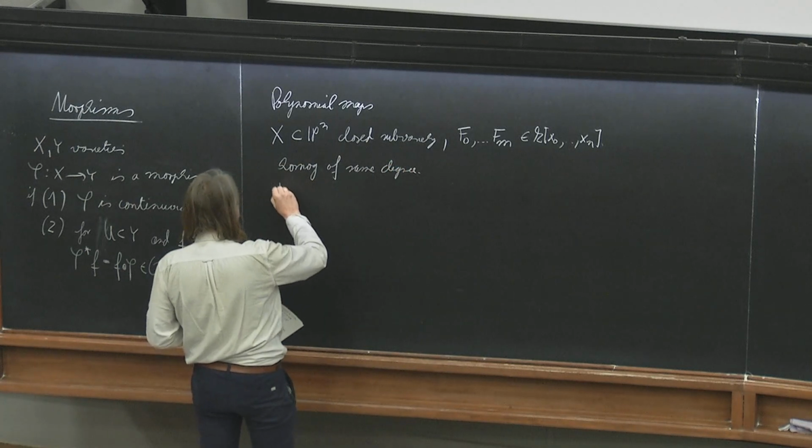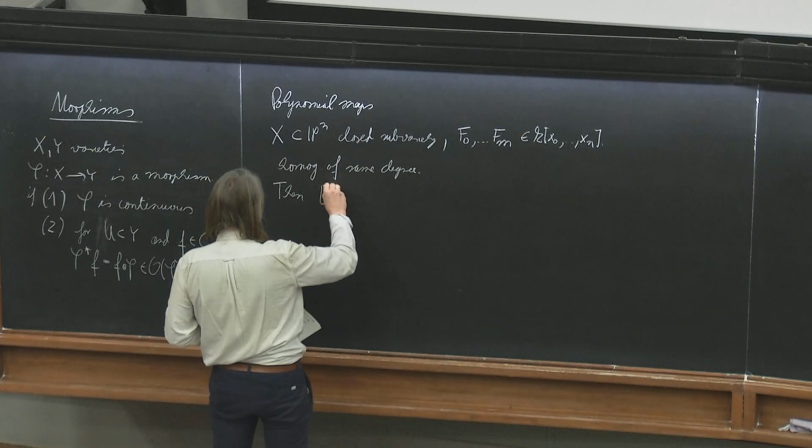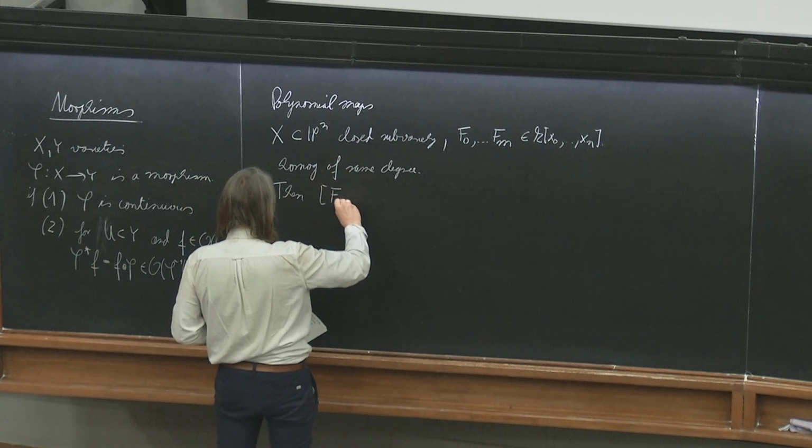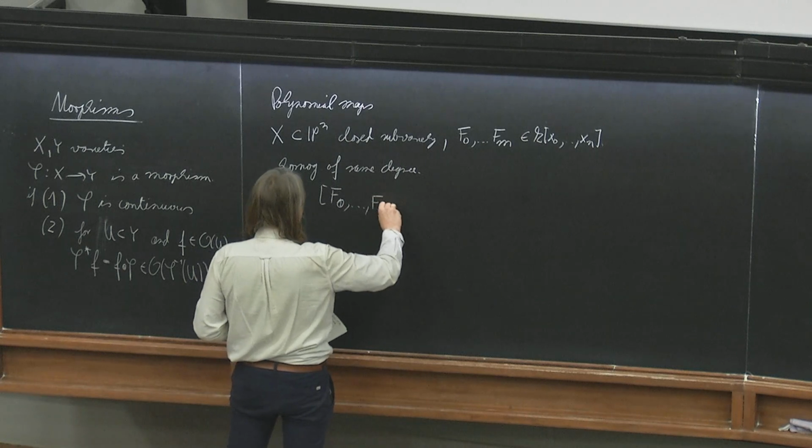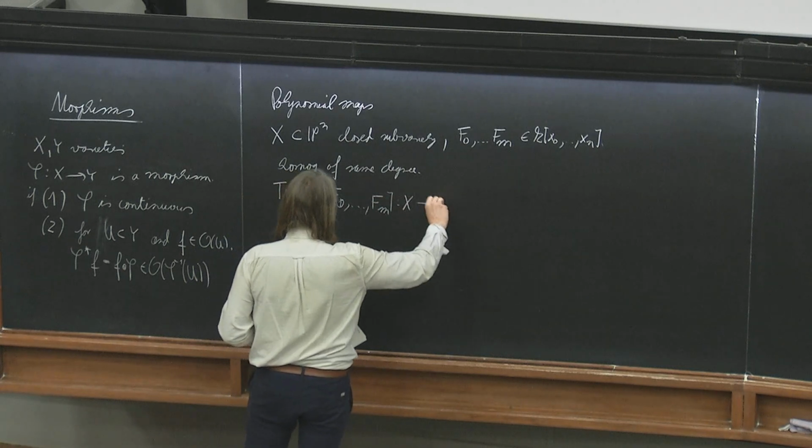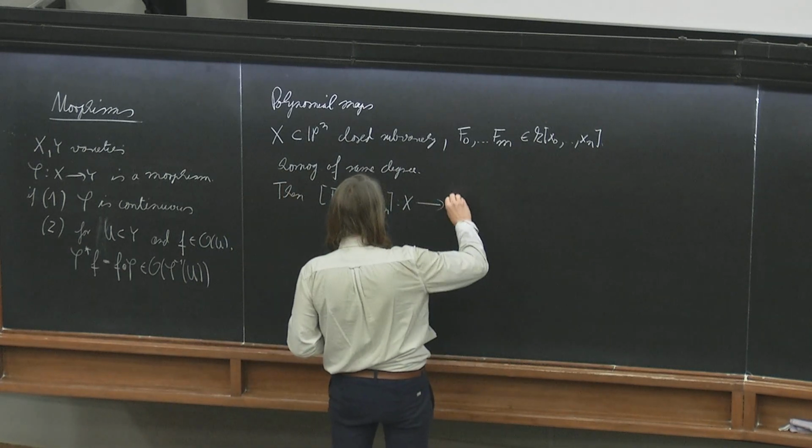Then the map, which I can denote f0 to fm from X to Pm.